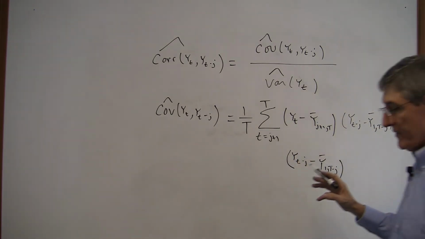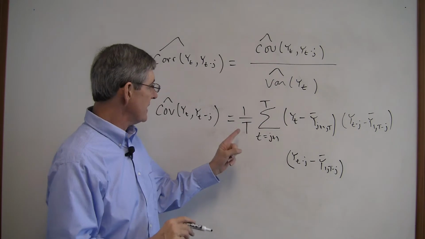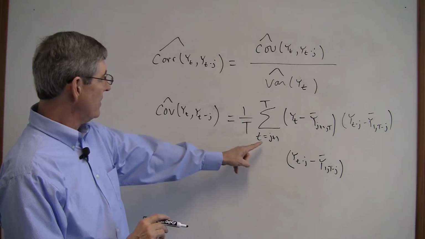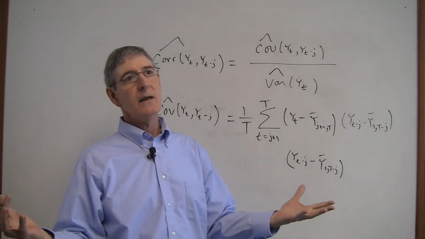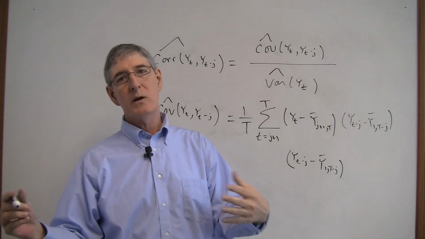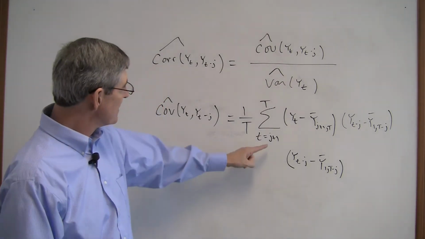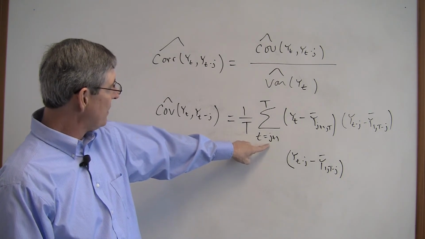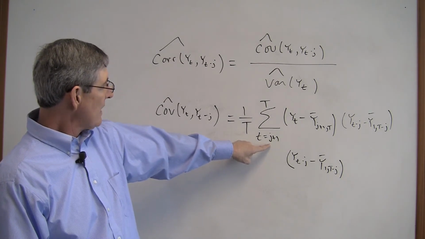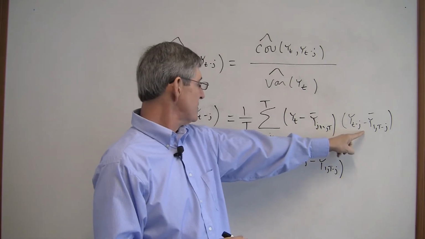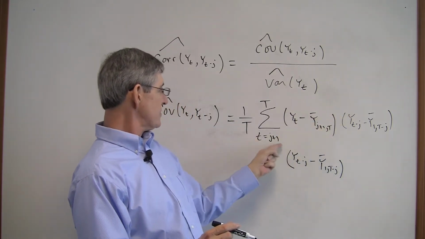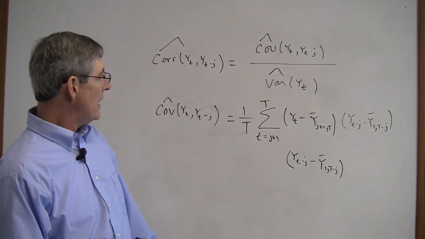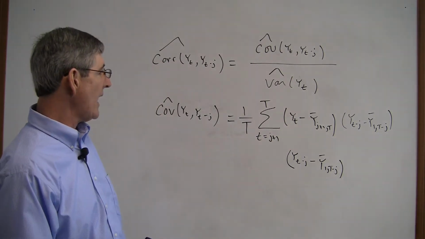All right, so some things about this. First of all, notice that it starts at j plus 1 rather than 1. Why? Because remember that if we have j lags, we lose j observations. So our first observation we can use is j plus 1. When I plug j plus 1 into t minus j, I get 1, so this is y1 when t is j plus 1. We couldn't go back any further than that.